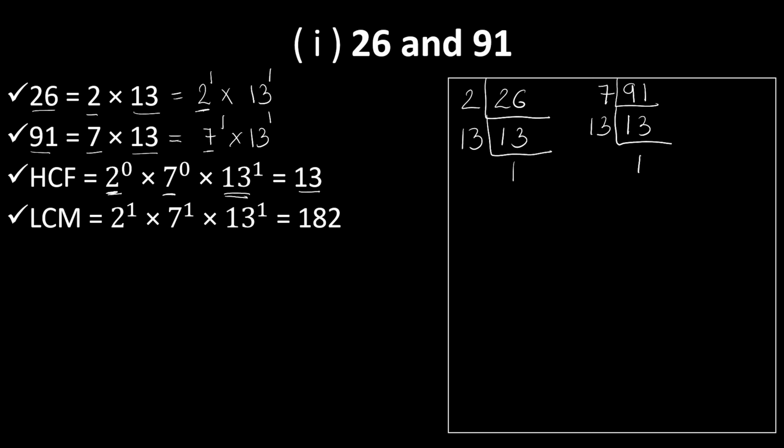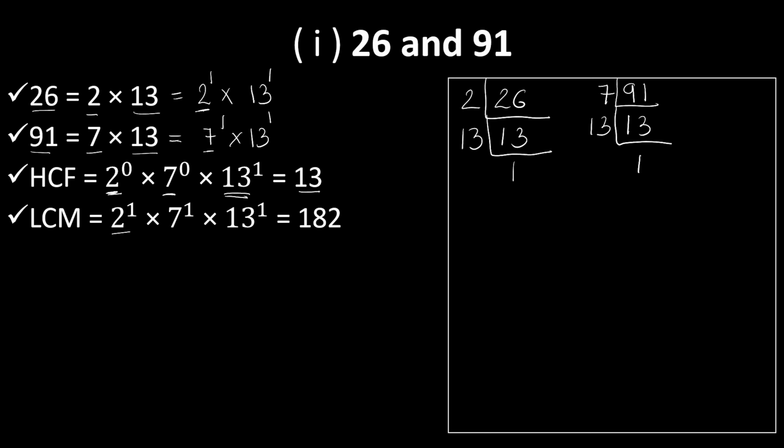Now let's find the lowest common multiple. For the lowest common multiple, we write the highest exponent possible. Observe, in 26 and 91, 2 occurs once in 26, so the highest exponent possible for 2 would be 1. Similarly, in 91, 7 occurs once.